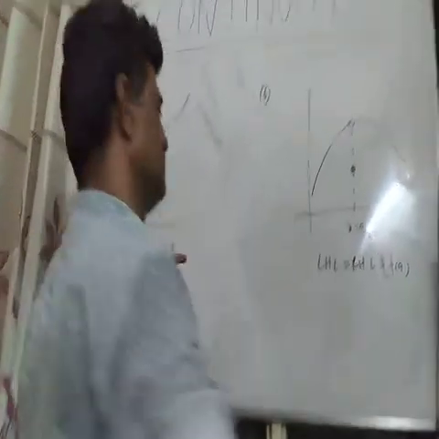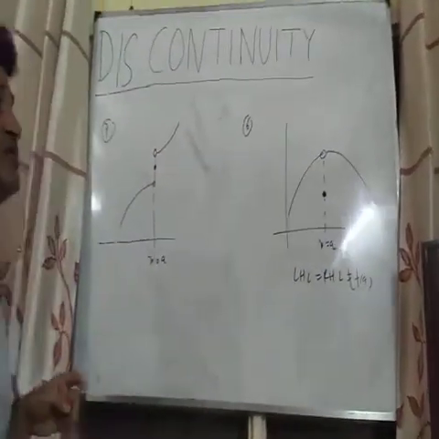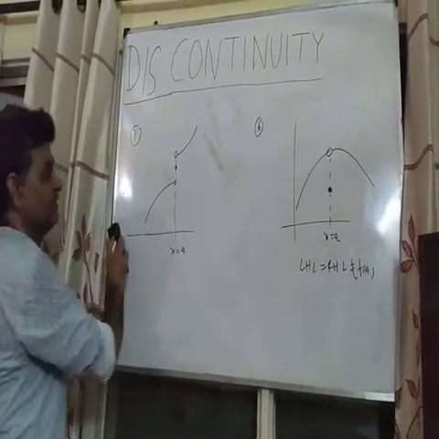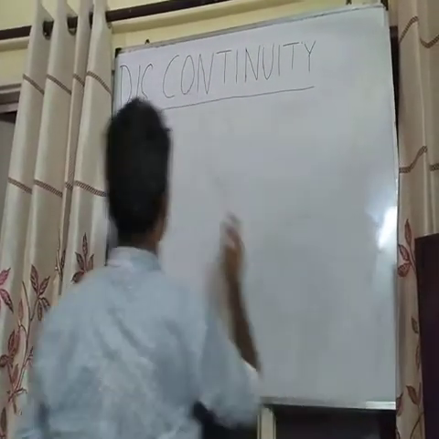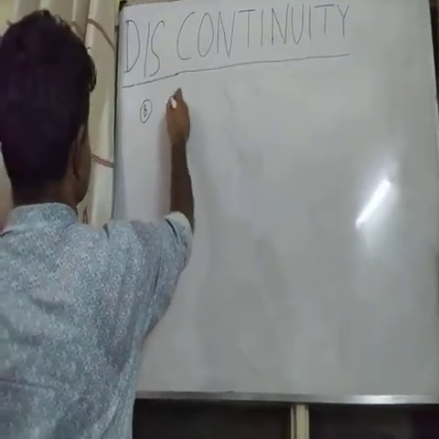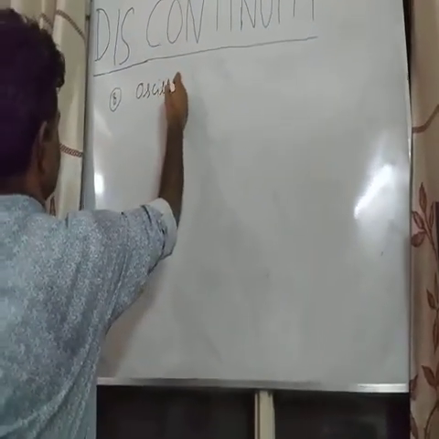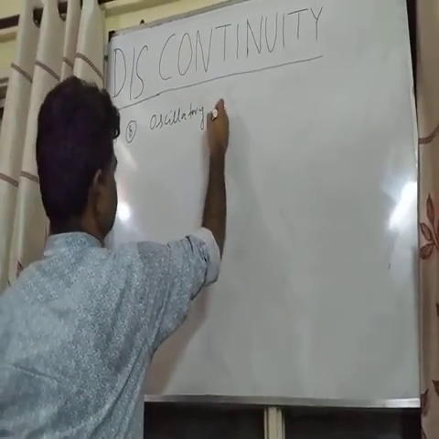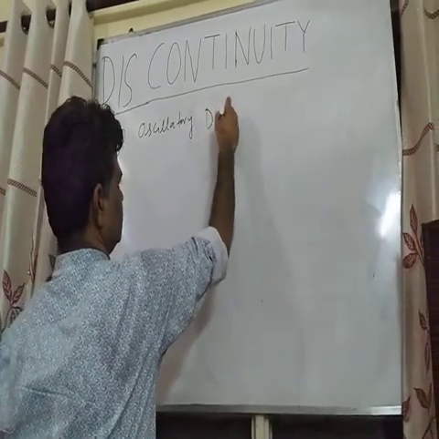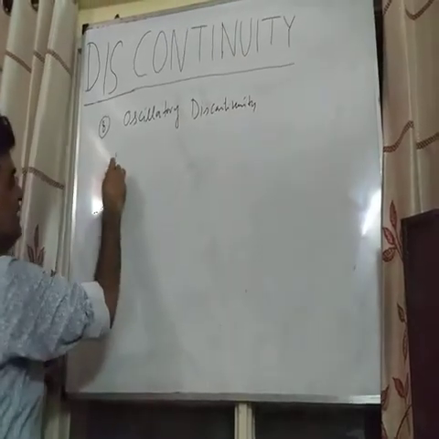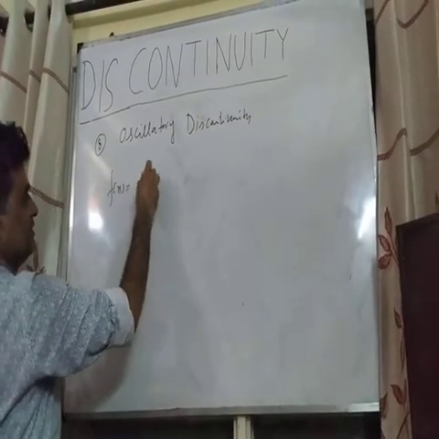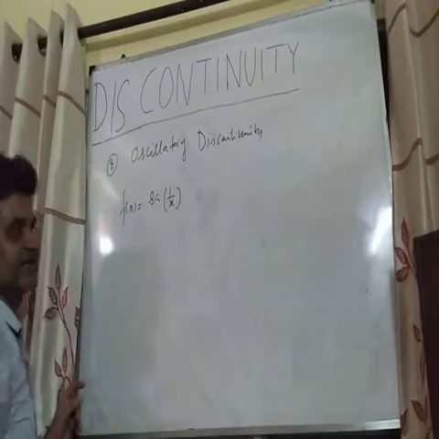So you can see how a function is discontinuous and what is the nature of the discontinuity. Now we'll discuss the oscillatory discontinuity. In the eighth case, oscillatory discontinuity means when f(x) is equal to sine of 1 by x.